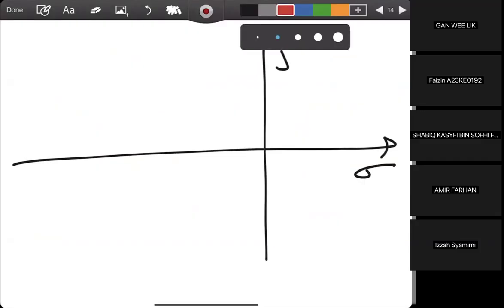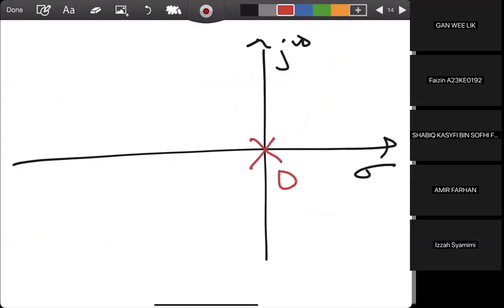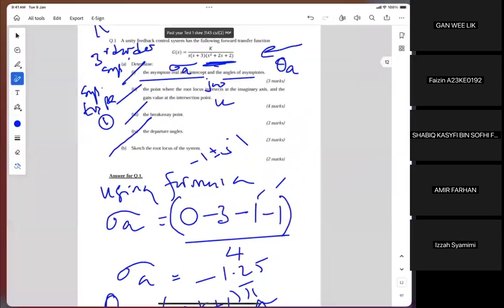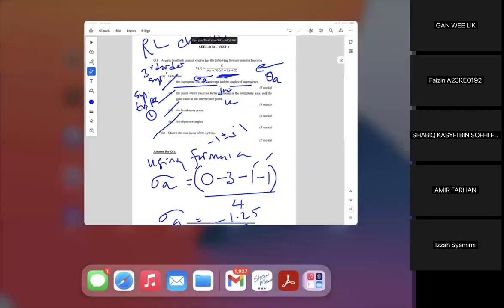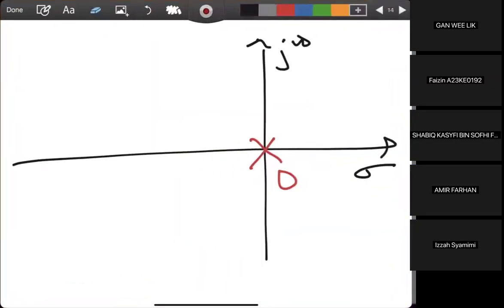Okay, so if we see the plot of the root locus, we have over here 0. We have over here how much? 3. And then plus minus j1.